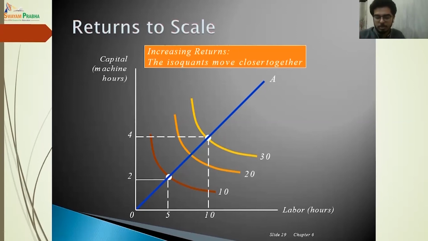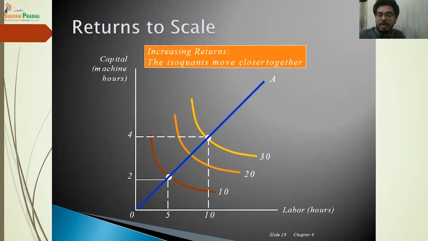Yes, I'll come to that. But instead of increasing my labor and capital 2 times, I observe that whatever was being produced, Q equals 10 with 2 capital and 5 labor, should be multiplied by 2 to 20.